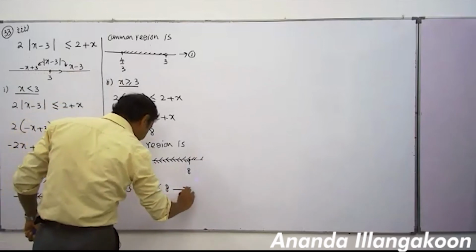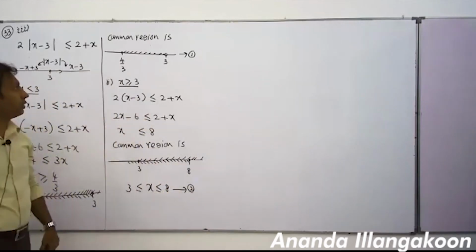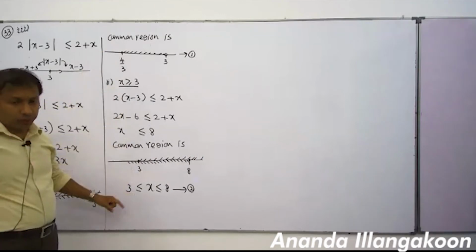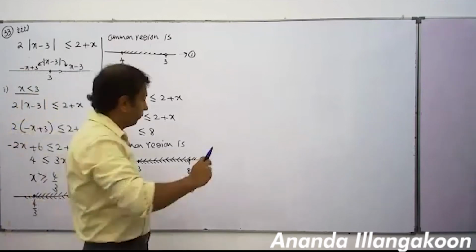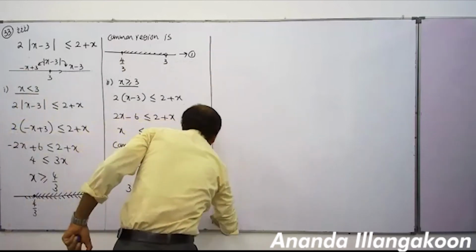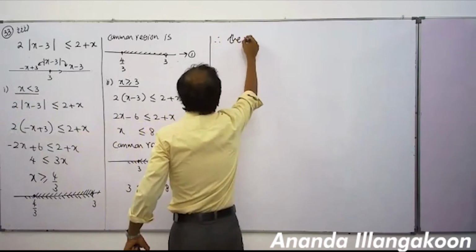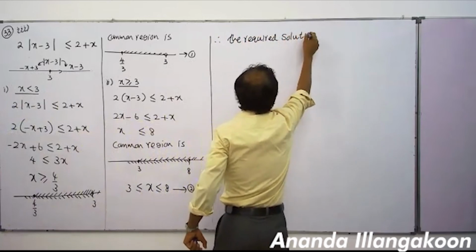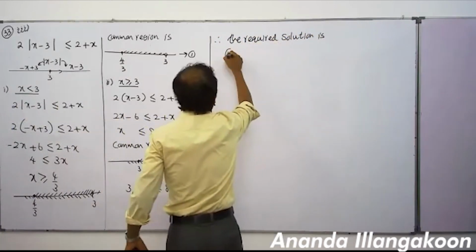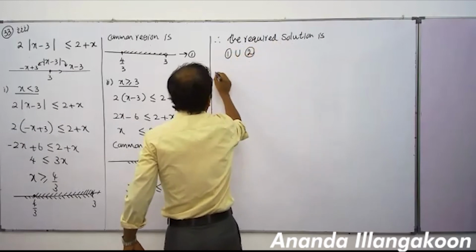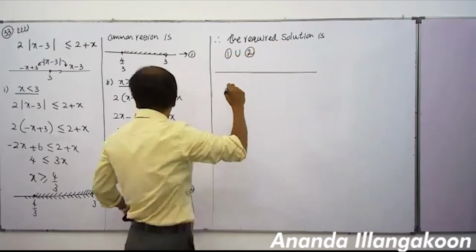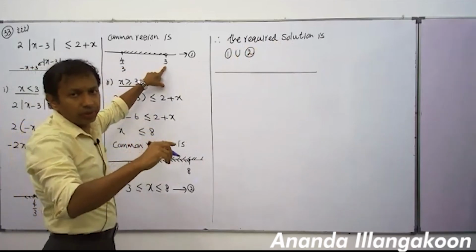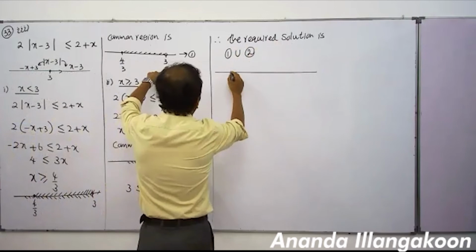Number 2. Then how to take the final answer? Number 1 union number 2. That's how we take the final answer. Therefore, the required solution is 1 union 2. 1 union 2 means, people, here including 4 by 3 up to 3, but not including 3, right?